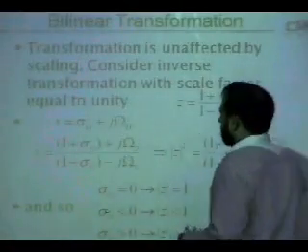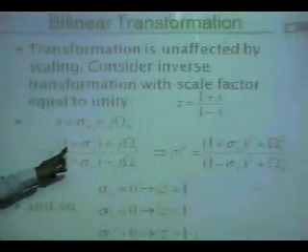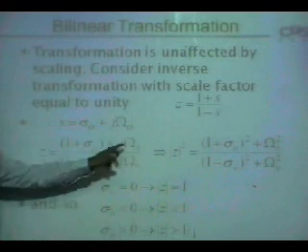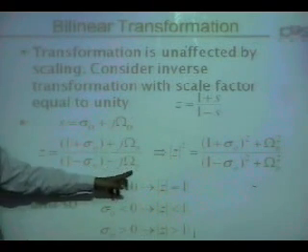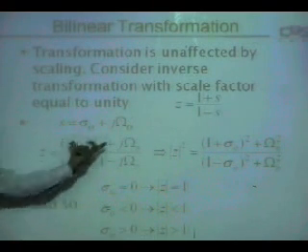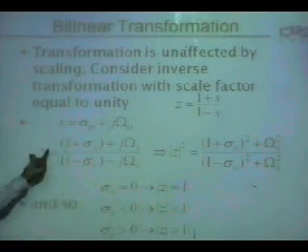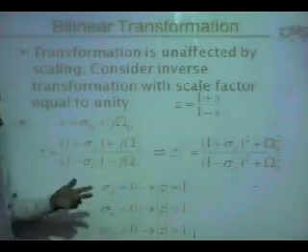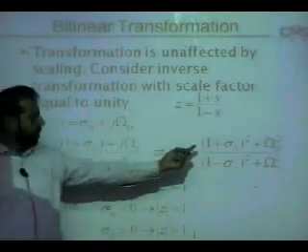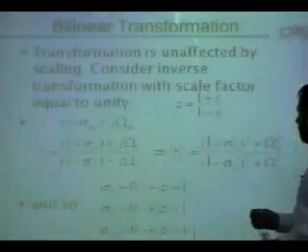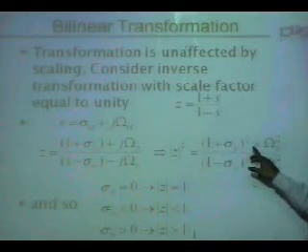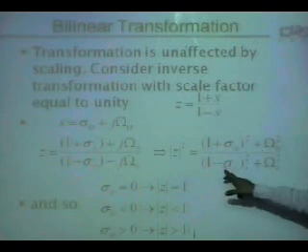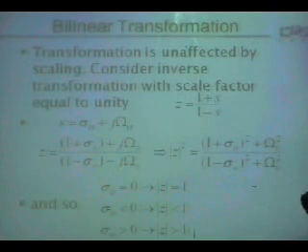So z is equal to 1 plus sigma naught plus j omega naught over 1 minus sigma naught minus j omega naught. If you take the magnitude of this and the magnitude of this, the magnitude squared is the real square plus the imaginary square, real square plus the imaginary square.